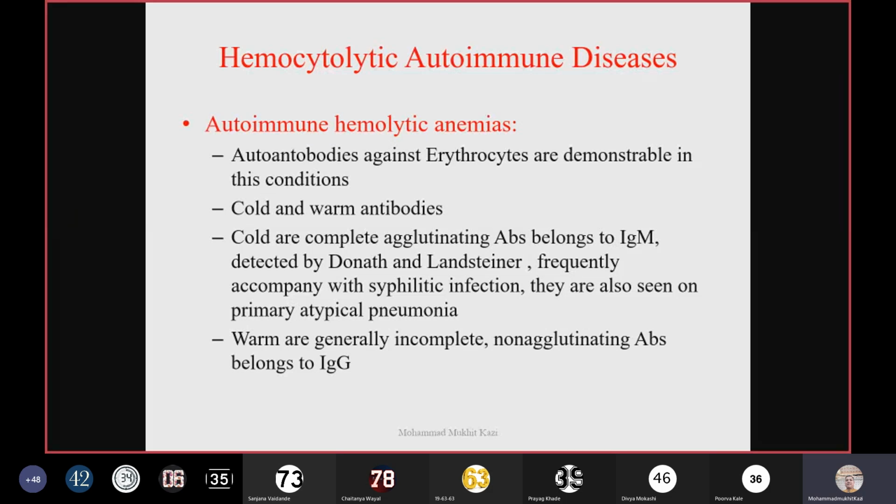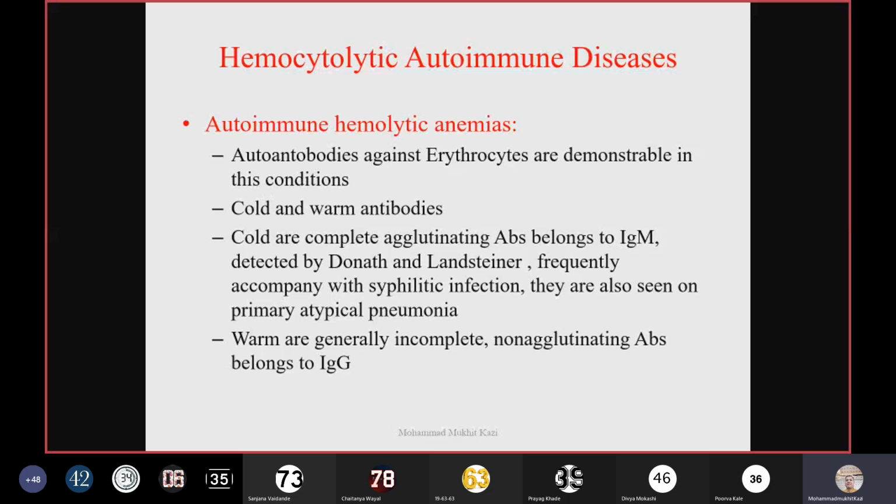I have the A antigen and antibodies against B; the donor has the B antigen and antibodies against A. So if I have been transfused B blood, the antibodies transfused from the donor will recognize my cells as non-self antigens and start destroying the erythrocytes. So autoantibodies against erythrocytes are demonstrable in this condition, because they don't know that these antigens belong to self. They recognize them as non-self and start producing antibodies against the antigens.